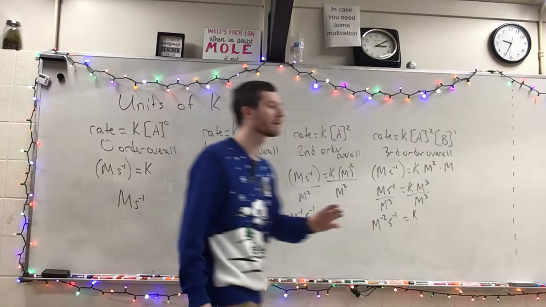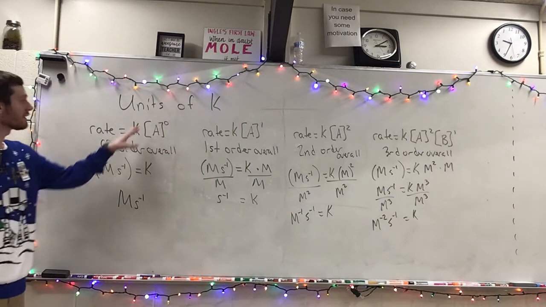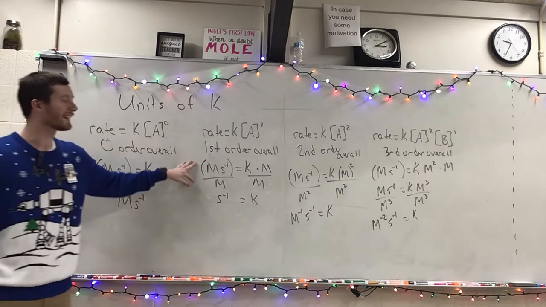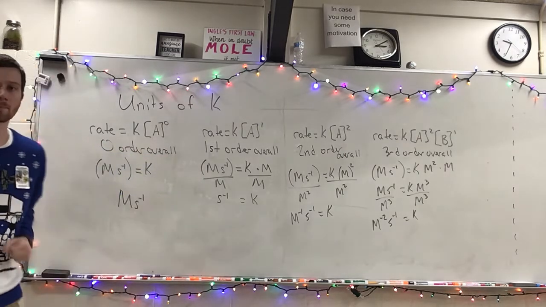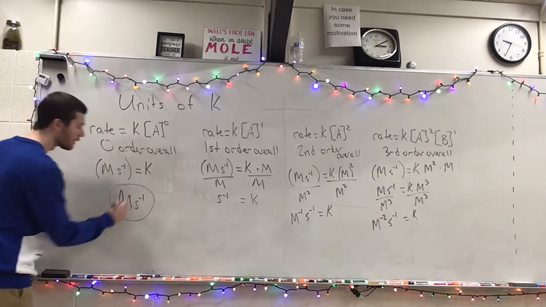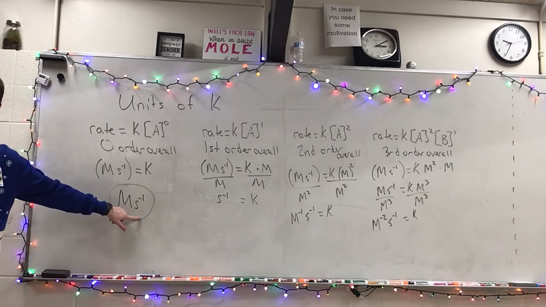It's very important that you're able to deduce the correct units for k. And me personally, I like to just work my way through the process of what is my order overall, get k by itself, and figure out your units. Some people instead choose just to memorize that a 0 order process is molar per second, or molar inverse seconds.